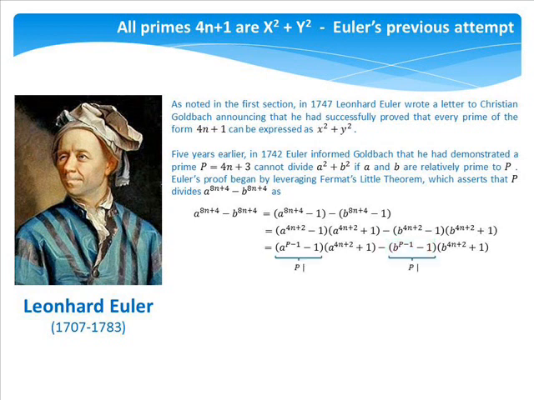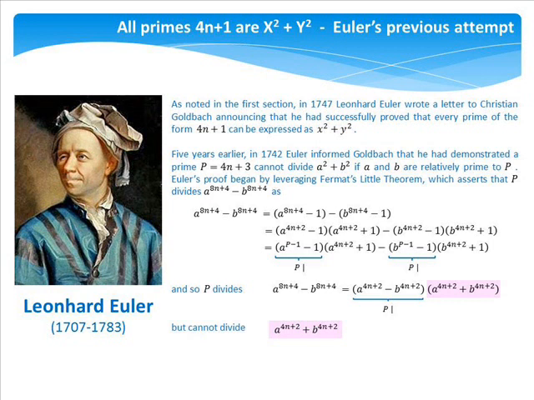Applying Fermat's theorem, we know that p divides them, as each of them are relatively prime to p. Thus, p divides a raised to 8 times n plus 4 minus b raised to 8 times n plus 4, as one factor yields a raised to 4 times n plus 2 minus b raised to 4 times n plus 2, and by adding and subtracting 1, we know that p divides each difference.